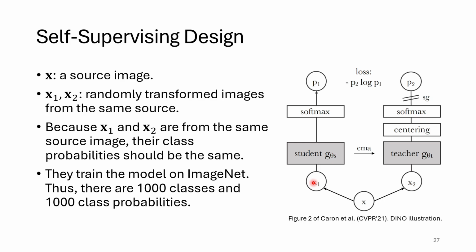Therefore, their class probabilities should be the same or similar. In their training data there is no label, but with this design they create a way to learn from a pair of images that should be the same, so it becomes a self-supervised learning method.